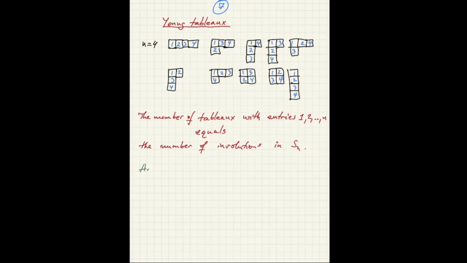An involution is a permutation for which the disjoint cycle decomposition consists only of fixed points and transpositions.